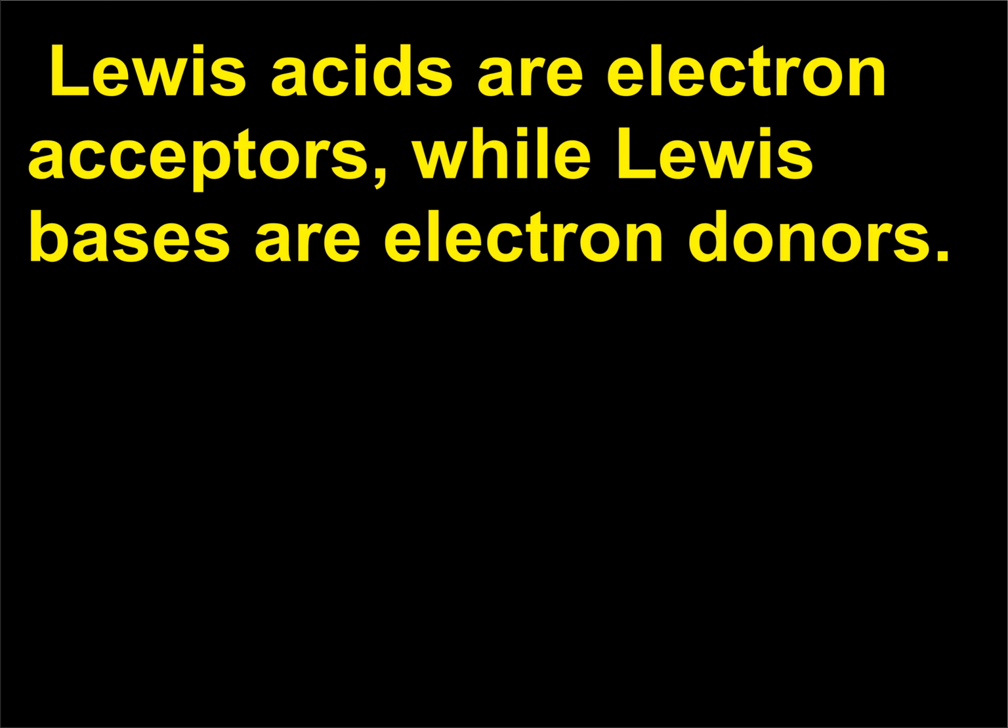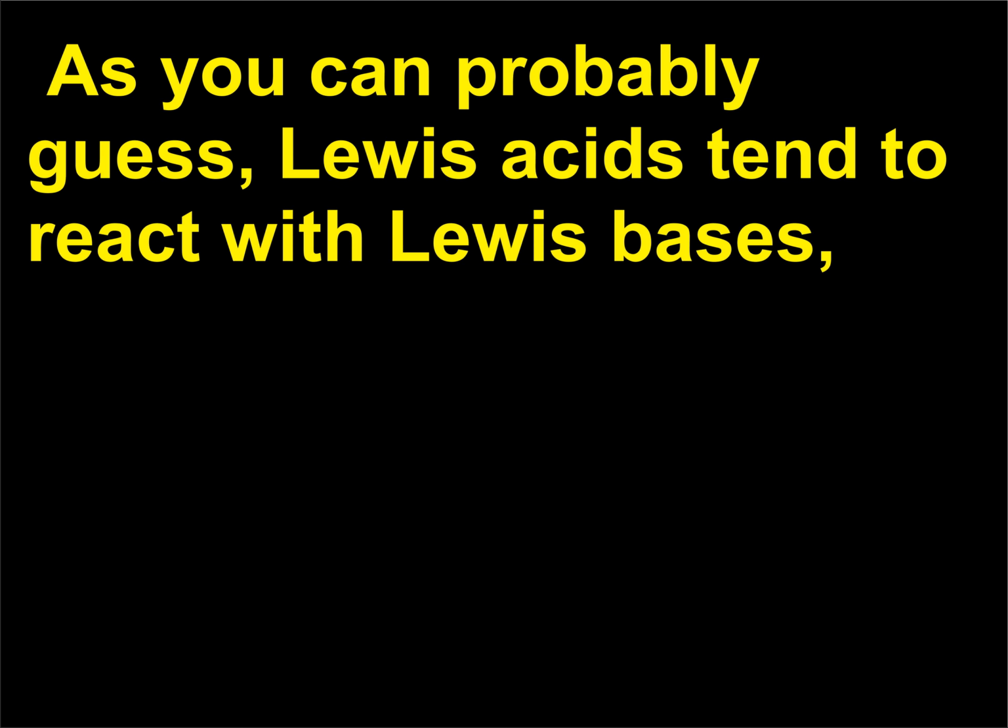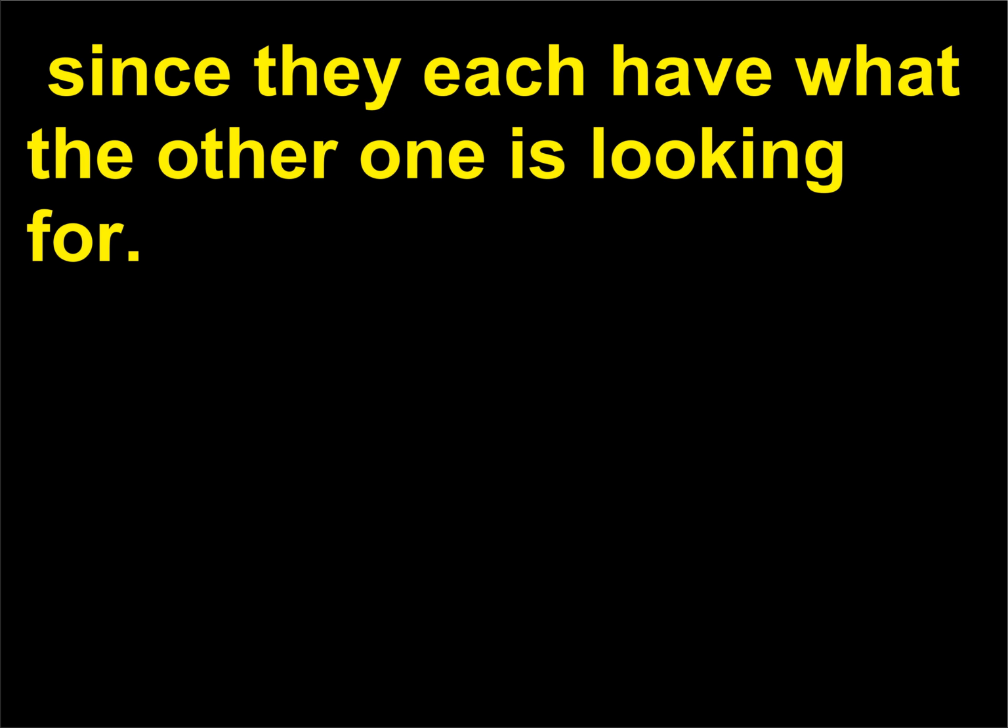Lewis acids are electron acceptors, while Lewis bases are electron donors. As you can probably guess, Lewis acids tend to react with Lewis bases, since they each have what the other one is looking for.